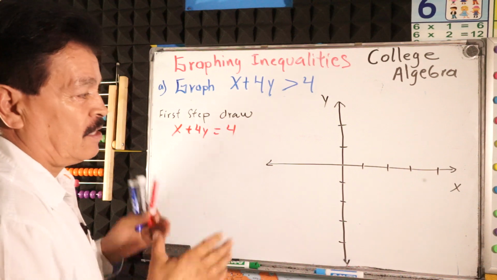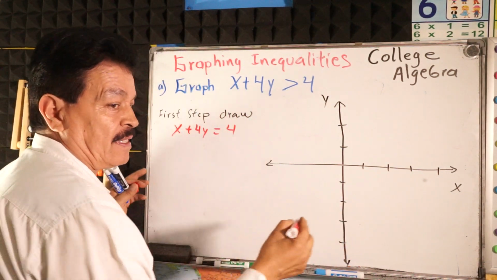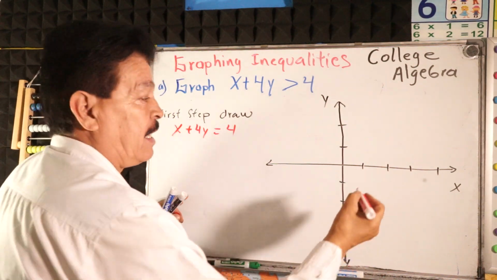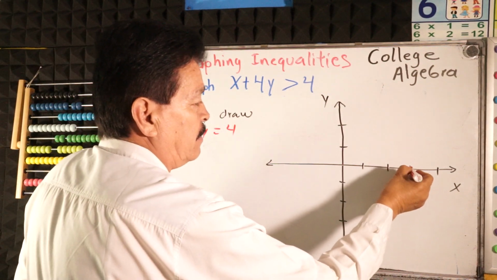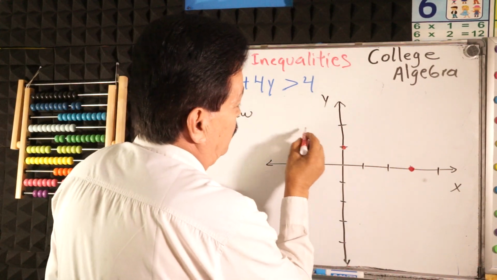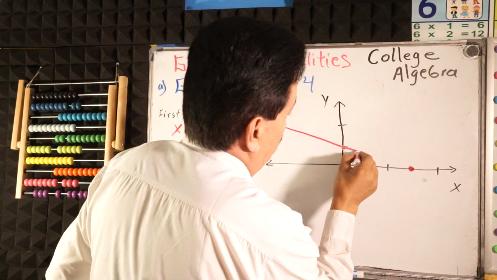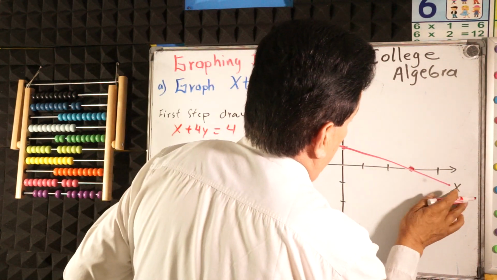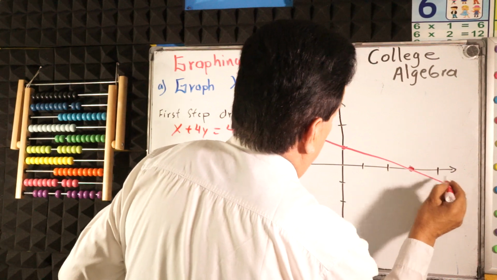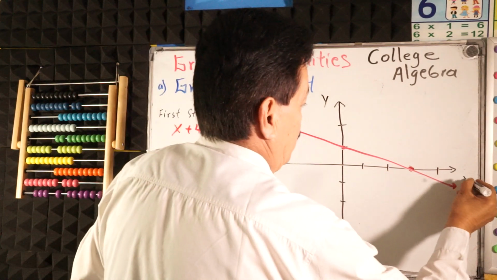All right. So this is the first step. So the graph is like here. This is my graph, okay?